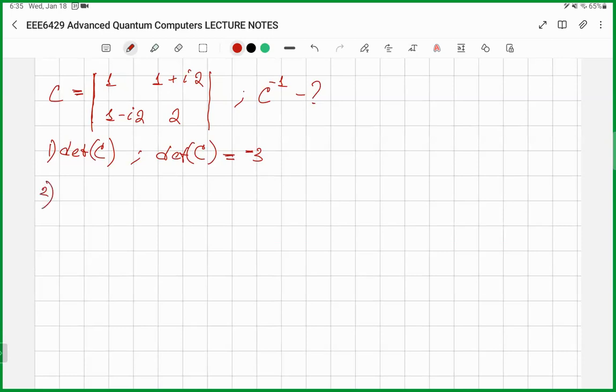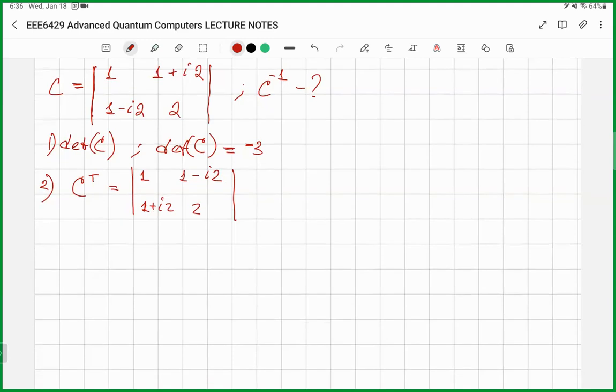The second step is to find the transpose of the initial matrix. What is it? It is 1 here. So basically, the diagonal elements don't change, and the off-diagonal elements are replaced by 1 minus i2, 1 plus i2. All right, so this is our transpose matrix.